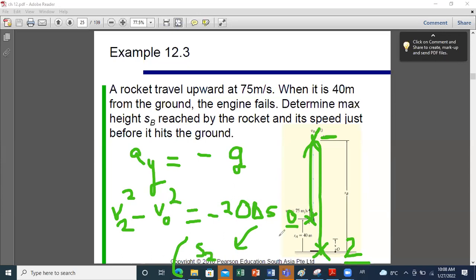Since I reached the ground, s2 is 0, because my origin of the y-axis is at the ground level. I know that s0 is 40, and V0, the initial velocity at point 0, is 75, so I replace. The only unknown in this equation is V2, the velocity just before hitting the ground, so I can calculate it.